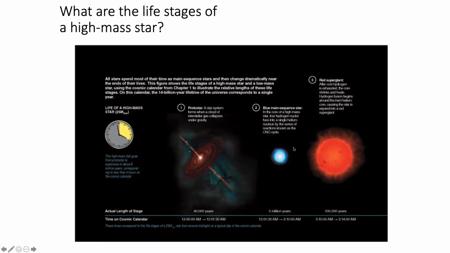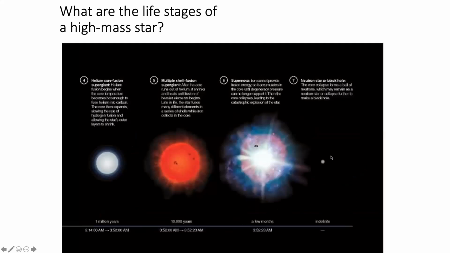It cools so much that it goes from blue to red. Eventually, it'll undergo helium core fusion. The star will get really hot again. It'll become nice and blue at the surface, or maybe perhaps white, depending on your perception of color.